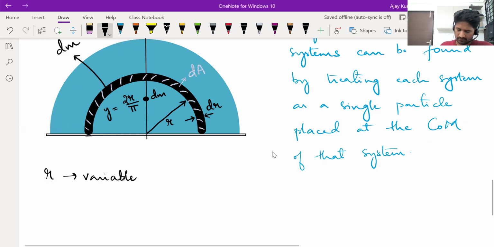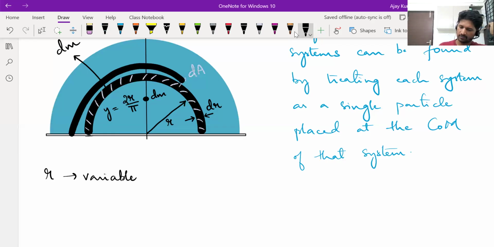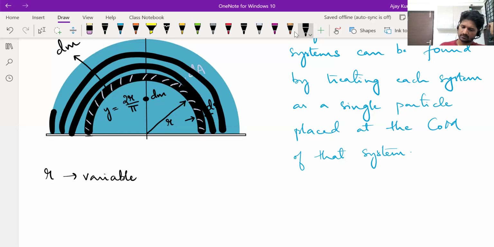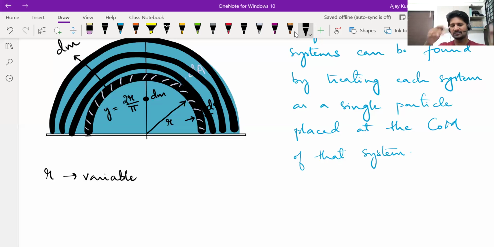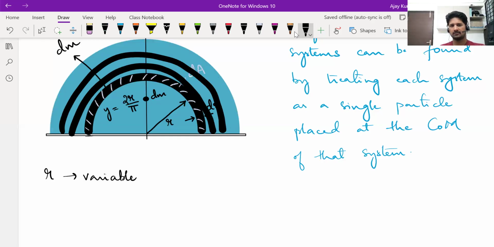Now, one of you tell me, how many such arcs will make up this complete semicircular disk? If the width of the arc is negligibly small, how many such arcs do we have to take? Infinite. Good.